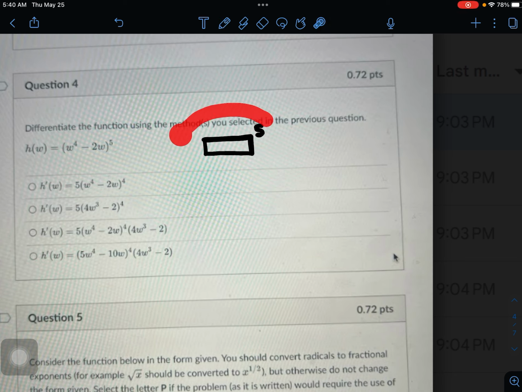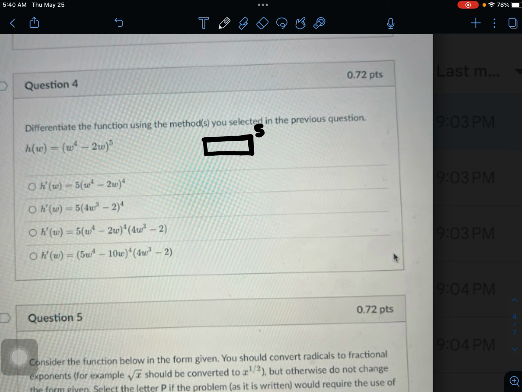This is your outside function. Something brought to the fifth power. And the first thing you do on the chain rule is you take the derivative of the outside function. That's the first step in the chain rule.